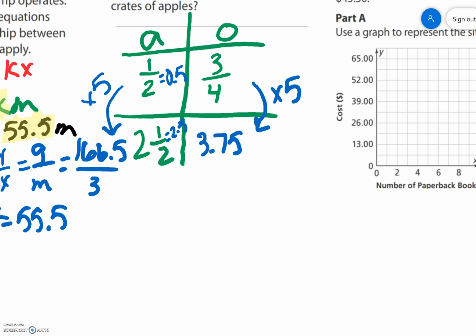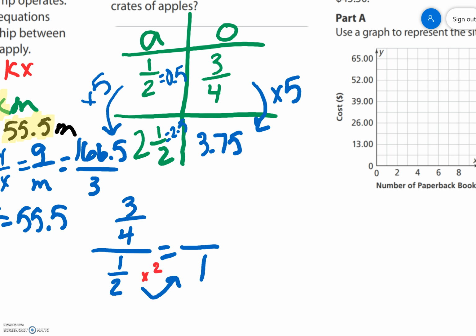The other way to do this is you can find the ratio. You can do oranges to apples, so 3/4 over 1/2. We can find the unit rate. Multiply by 2 over 1, that's the reciprocal. Whatever you do to the bottom, you do to the top. So that gives me 6 over 4, which is equal to 1.5.